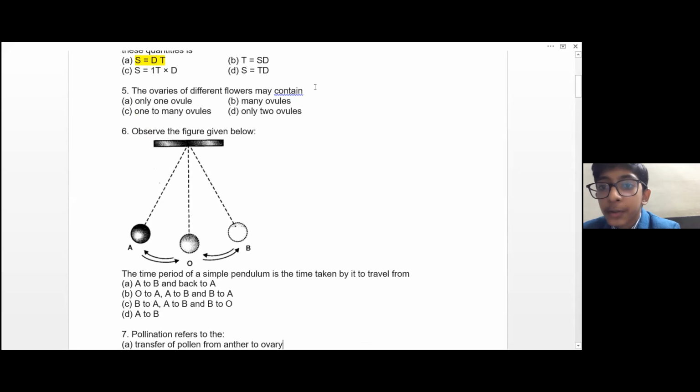Ma'am, B option. O to A to B, B to A again. Anybody else want to give ideas? B option is correct. All are agreed with B option.